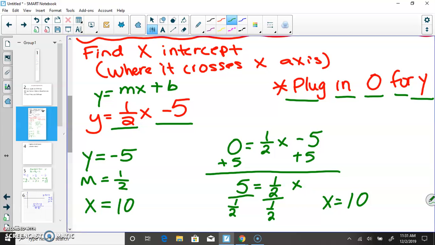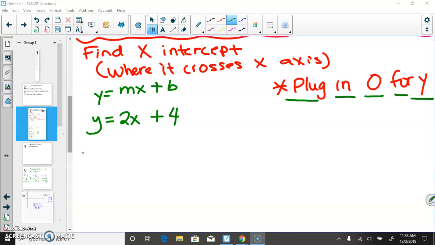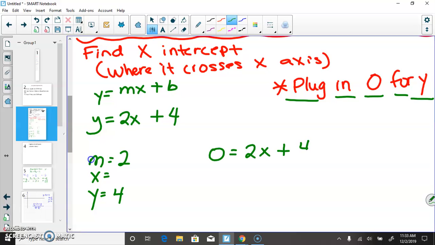10. So it says y equals 2 times x plus 4. They want to know where your m is, which is your slope, your x, and your y. What number's with x? 2. There's your slope. What number's over here by itself? 4. There's your y. How do I find x? You plug in 0 for y. So 0 equals 2x plus 4.